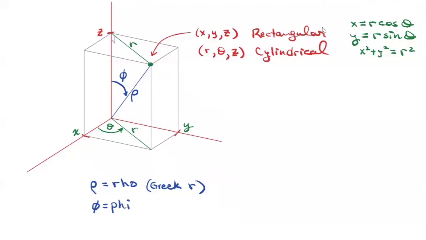And I think you can see that R, isn't that rho cos phi? So let's add our next coordinate system. We have rho, theta, and phi for spherical coordinates.